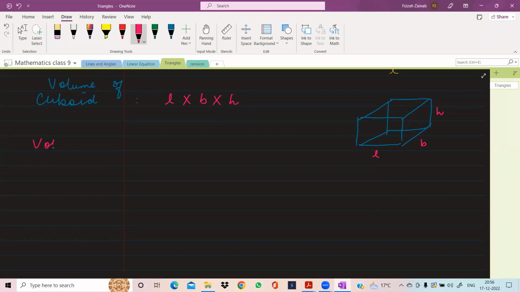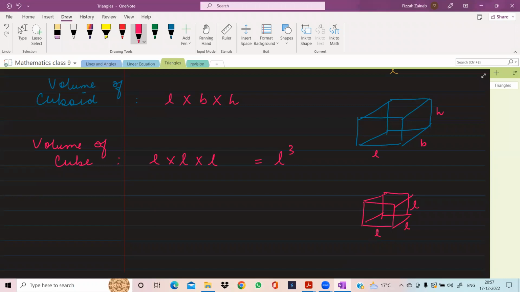Next, volume of cube. Now cube looks like this. Every side is the same. If this is L, this is also L, this is also L. So if you do length into breadth into height, everything is L here. That means the volume will be L cube.